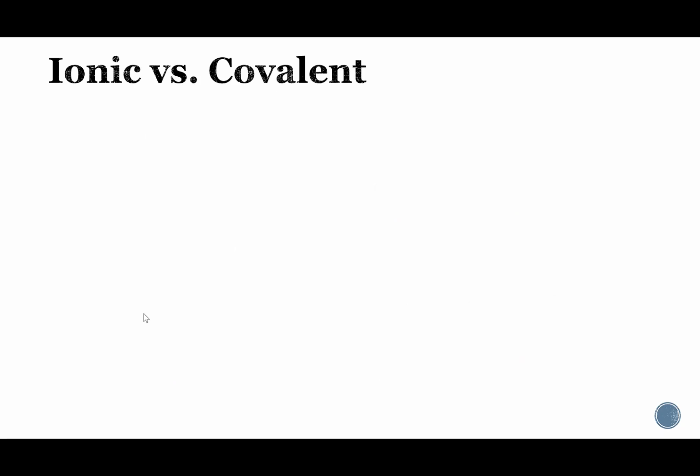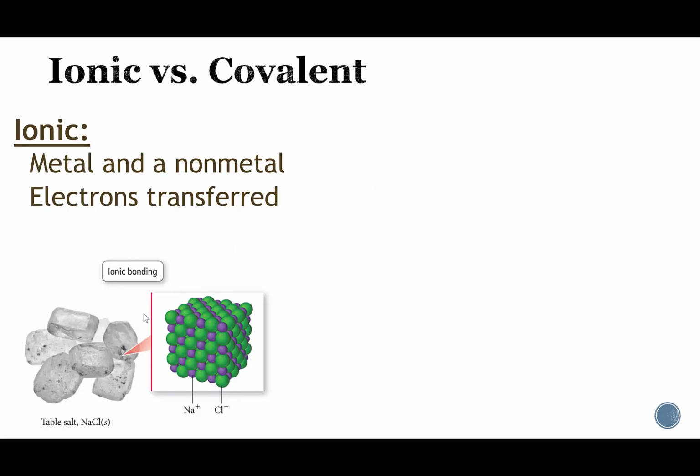All right, so ionic. We know that electrons are transferred. They're going to steal or take or give or receive. So in an ionic bond, electrons are transferred. And who participates in an ionic bond?